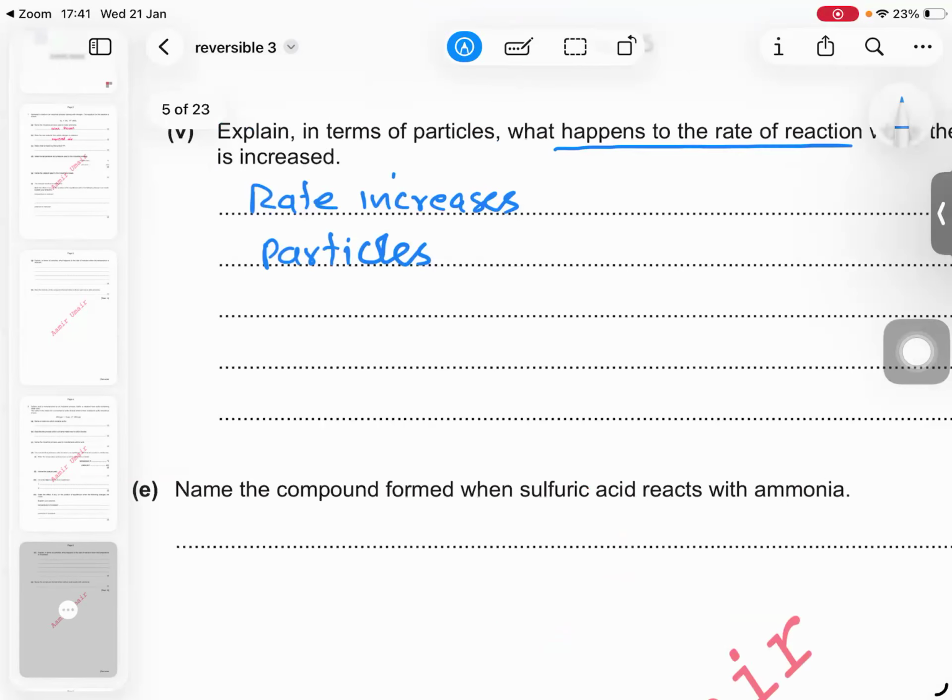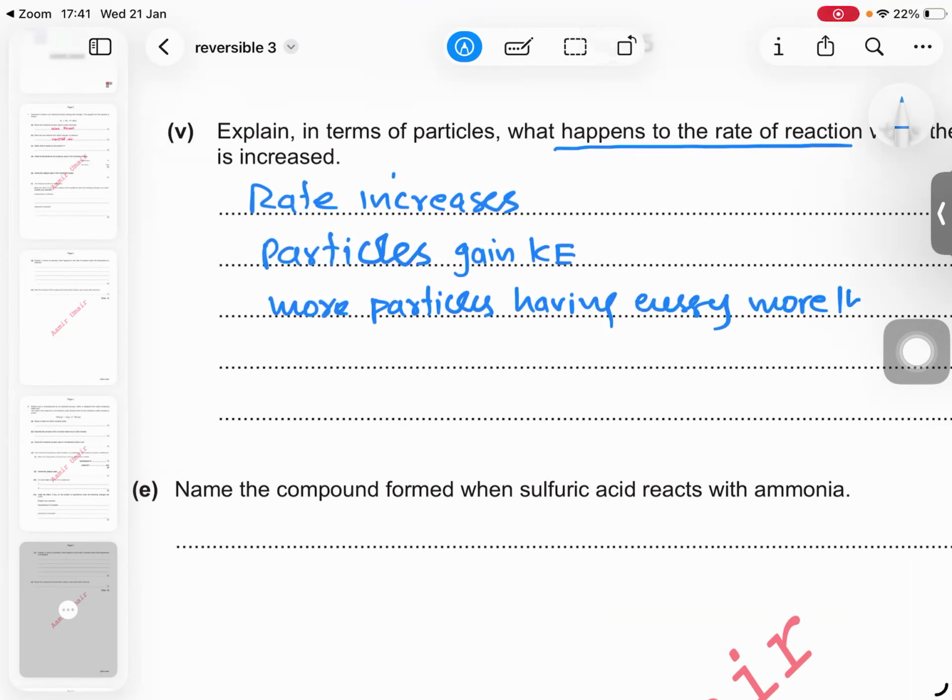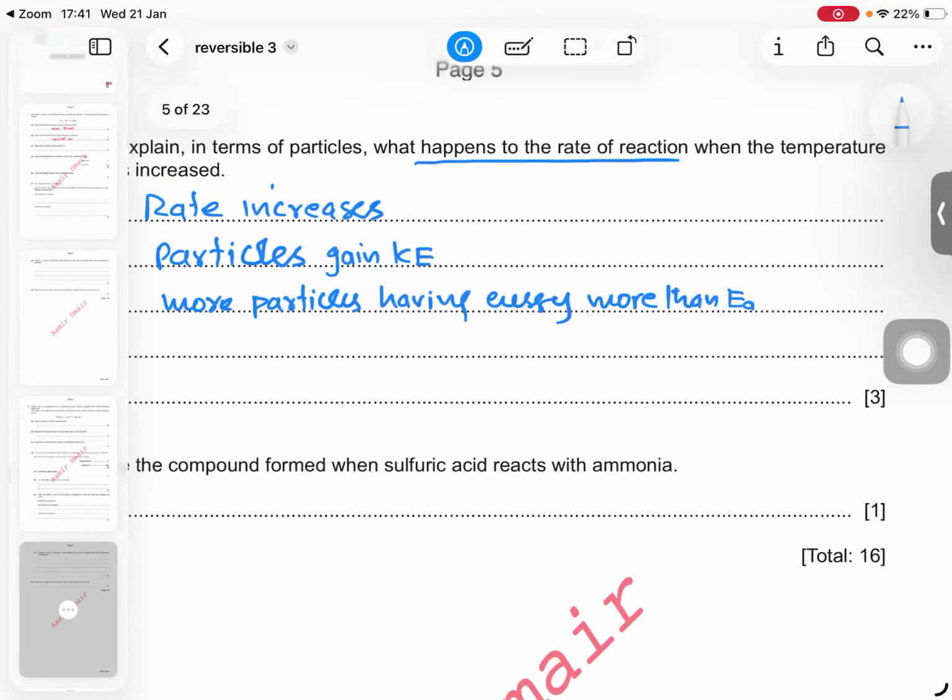Rate increases, particles gain kinetic energy, more particles having energy more than activation energy, hence more successful collisions per unit time, more rate of reaction.